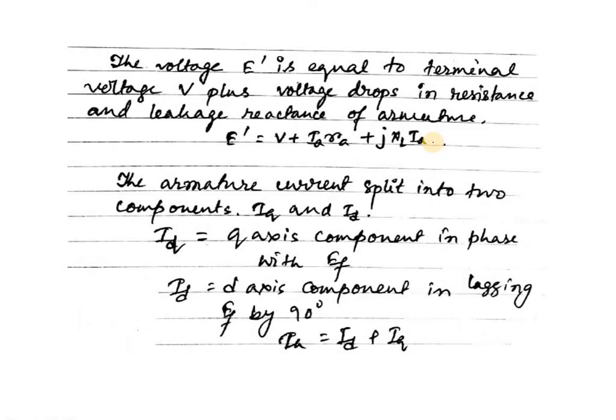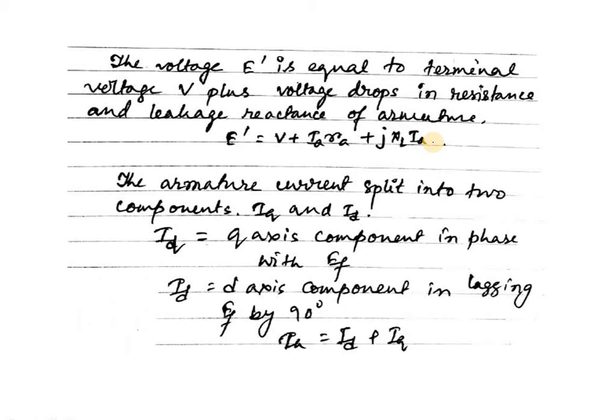The voltage E dash is equal to the terminal voltage V plus the voltage drop in the resistance and leakage reactance of the armature, so E dash equals V plus IA RA plus jXL IA. The armature current splits into two components, IQ and ID, where IQ is the Q-axis component in phase with EF and ID is the D-axis component lagging EF by 90 degrees.